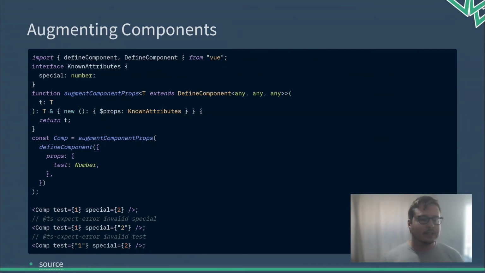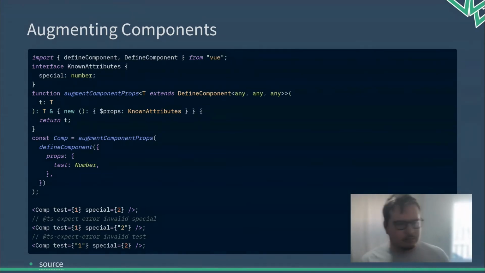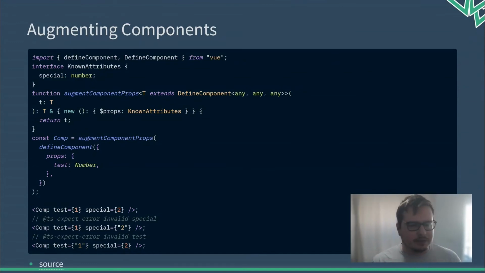After that, the first argument is going to be T, which must be a defined component. You can also use Component here. It's going to have similar behavior, but it might not work as well. And we're going to return T and new of prop known attributes.